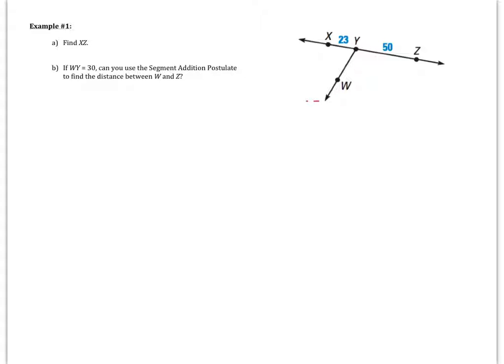So let's take a look at example number 1. We have this diagram over here, and our first part says find, and I'm going to read this as the length of XZ. So if you notice here, XZ is here to here, and we're given the length of XY and YZ. Due to the segment addition postulate, we know that the length of XY plus the length of YZ would equal the length of XZ, since these two smaller segments make up this bigger segment XZ.